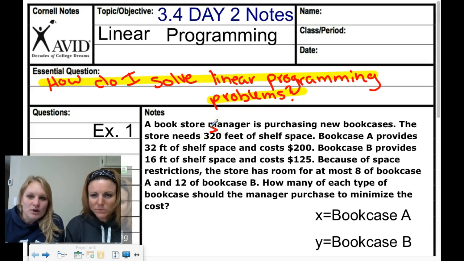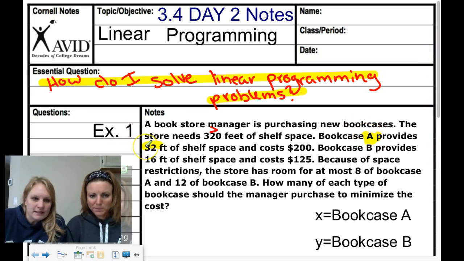Okay. So bookcase A, I'm going to highlight that one. Bookcase A provides 32 feet of shelf space and costs $200. Bookcase B provides 16 feet of shelf space and costs $125.